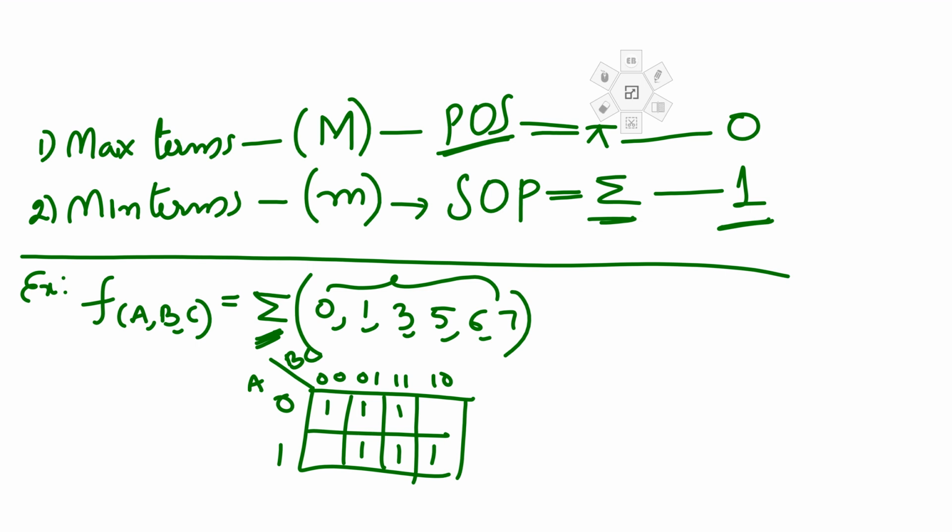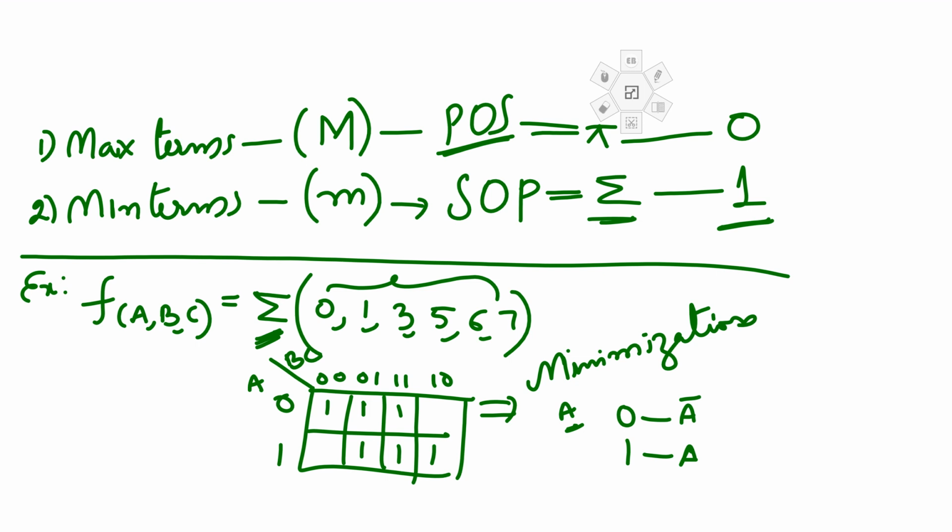Understood? And what more you have to remember is, during minimization, in the K-map using min terms: when there is a variable A, where there is a 0 you have to write A bar, and when there is a 1, you have to write A. This is very important to remember.